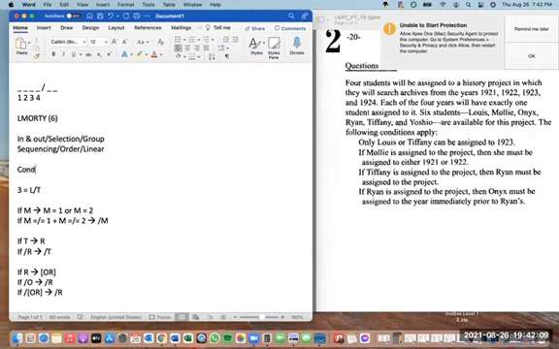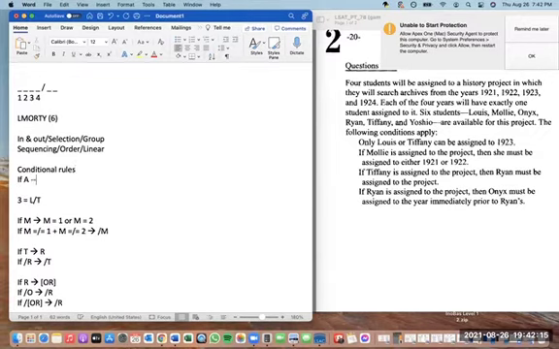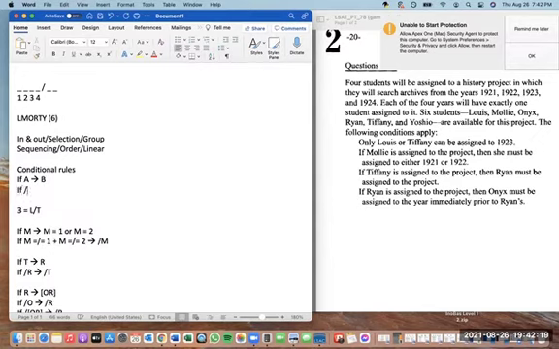Also, there's significant conditional reasoning here and conditional rules. So that's the if A then B kind of format. And I'm creating contrapositives by switching that up. So that's called a contrapositive. That would be something worth looking up as well, if that's something that you're struggling with.